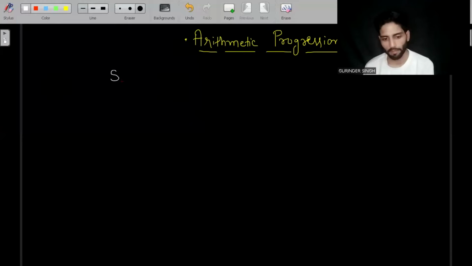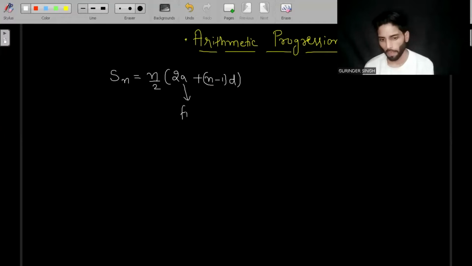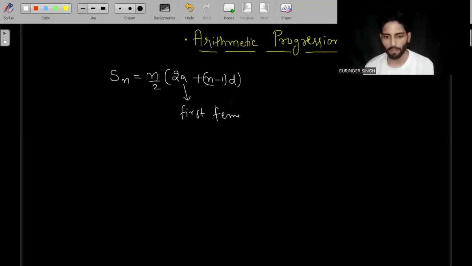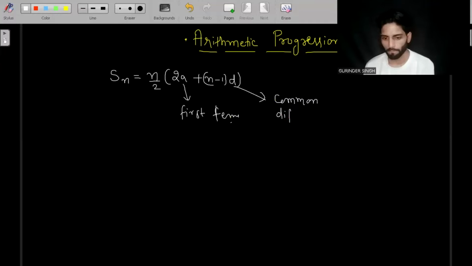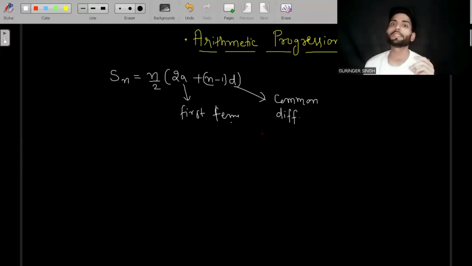Sn is equal to n by 2 in brackets 2 into a plus n minus 1 multiplied by d. Here a is the first term, and d is the common difference, which will be the same throughout the sequence.